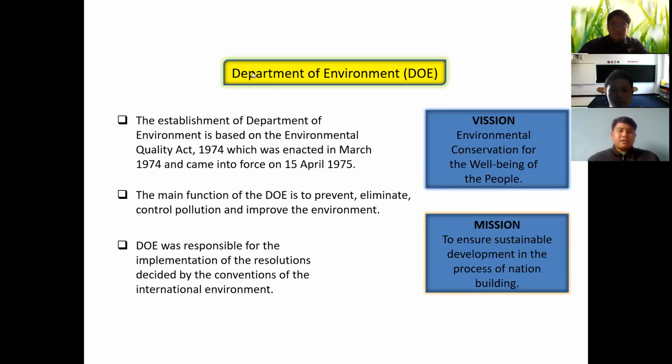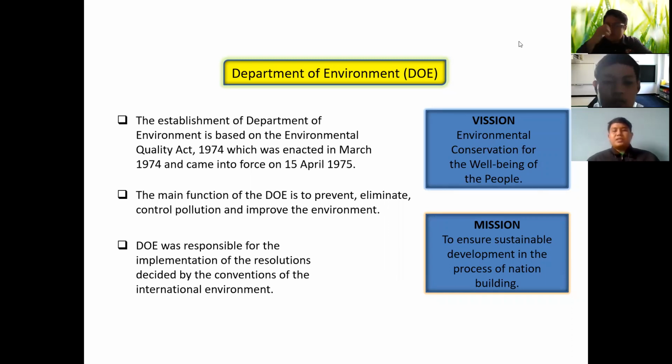Okay, firstly, I would like to present and explain about the Department of Environment, also known as DOE. The Department of Environment, DOE, was originally created as the Environment Division under the Ministry of Local Government and Environment on 15 April 1975.